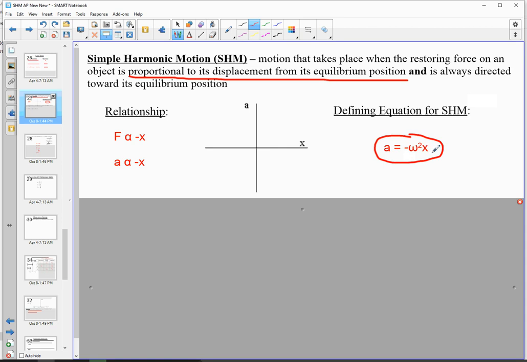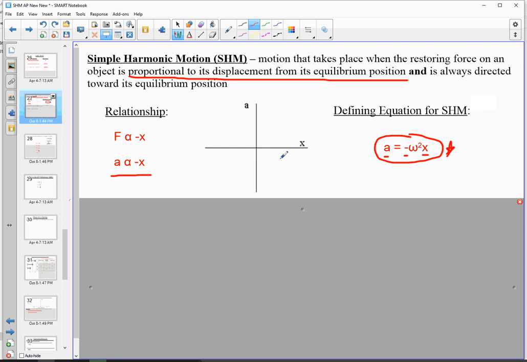You could look back at that first equation. So here we see that our acceleration is proportional to negative x, which is our requirement right here. So this is very important. That's the defining equation for simple harmonic motion. That's simply our modeling equation from the previous page.